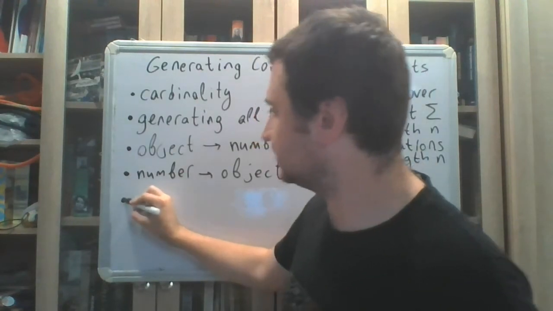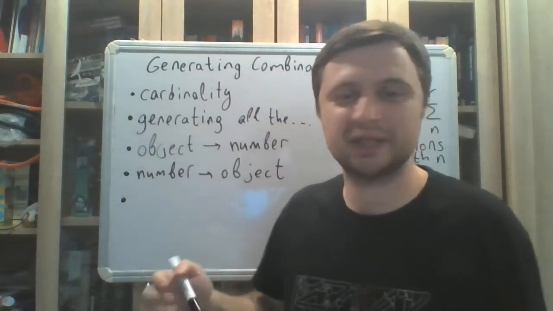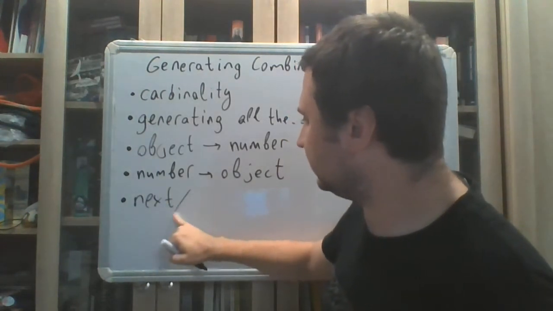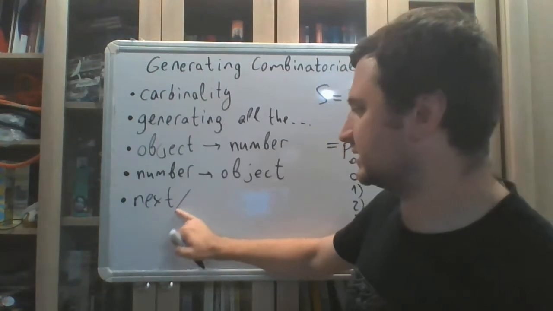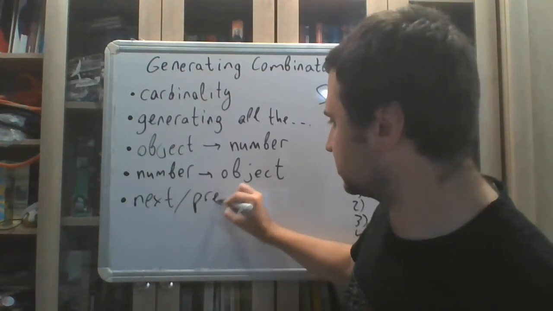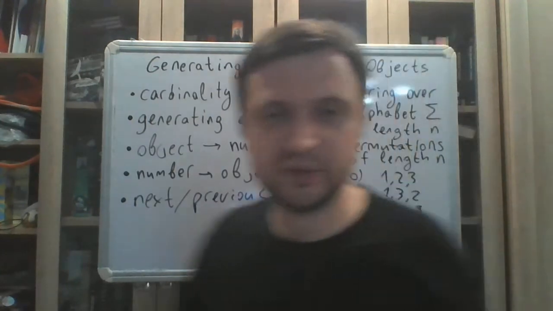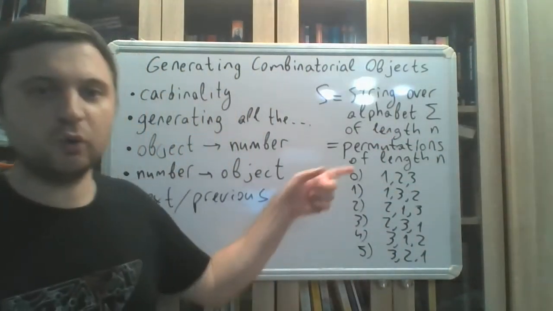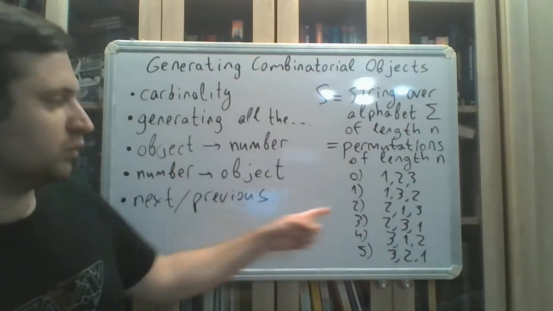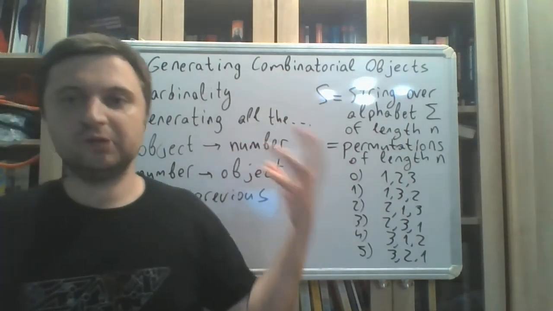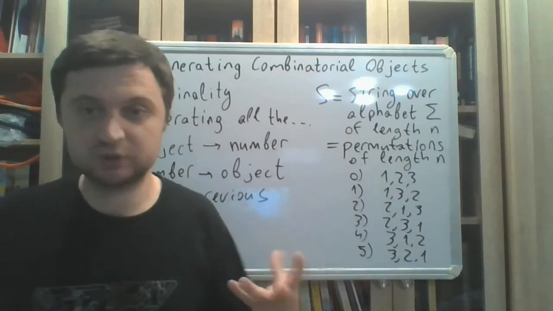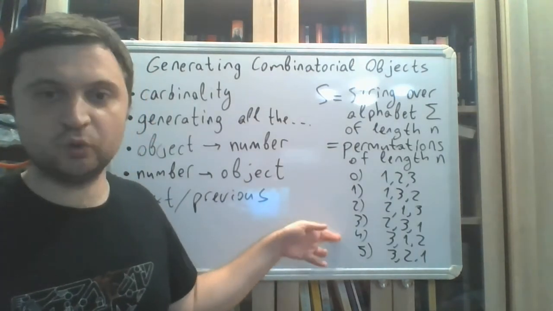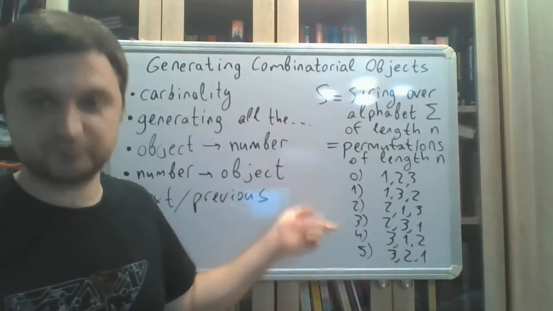And the last tasks I will mention, or two tasks actually, are generating the next or the previous object. Usually it's as hard as one another. When we introduce an order, for example, a lexicographical order of all the objects, it's interesting to take some object and find a short procedure that gives the next object in this order or the previous one.